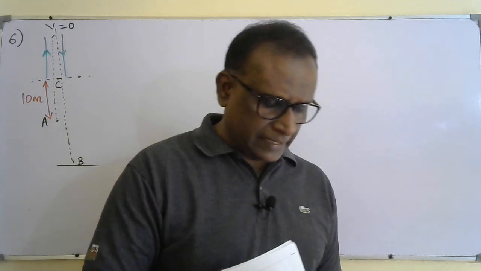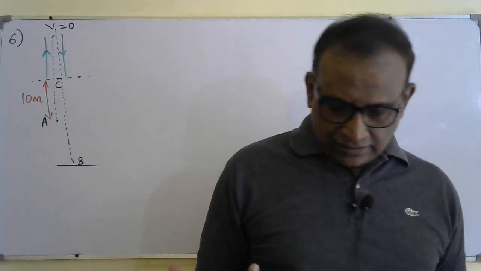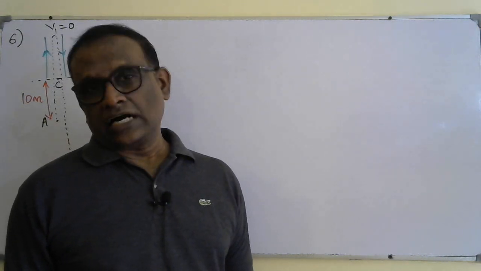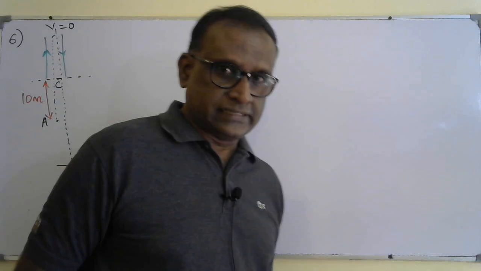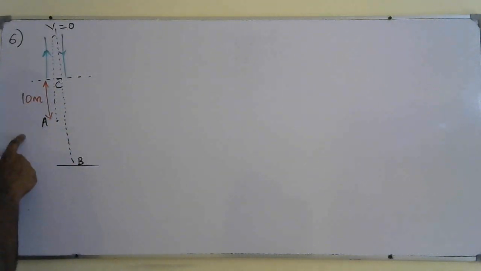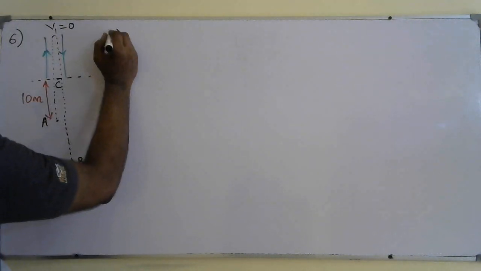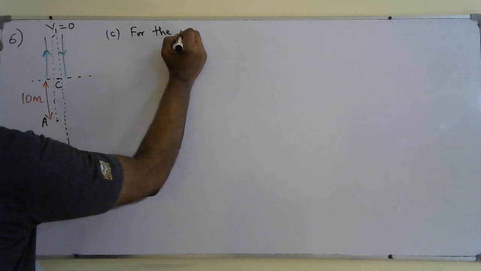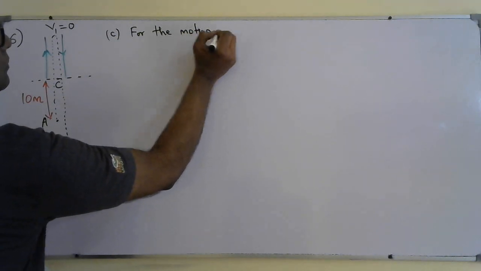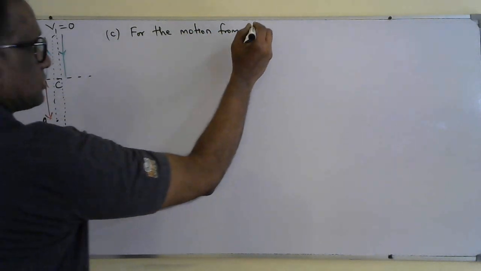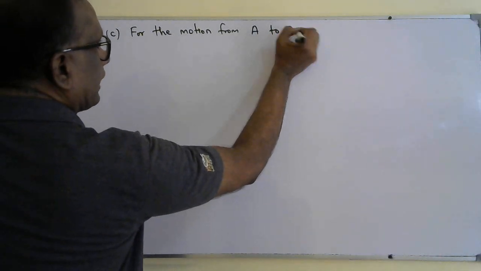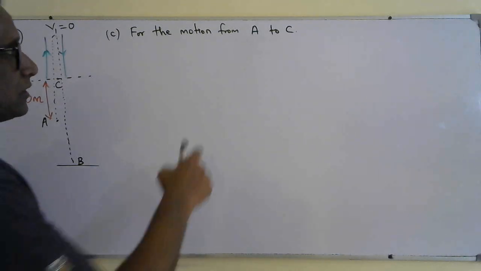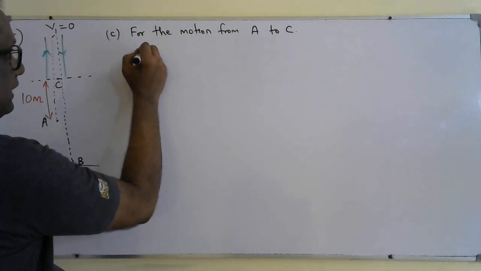So we can do it in two different methods normally. Simple method is we'll use S equals ut plus half at squared. You will get a quadratic equation for the motion from A to C, right? I am going to consider the motion from A to C, upward direction.